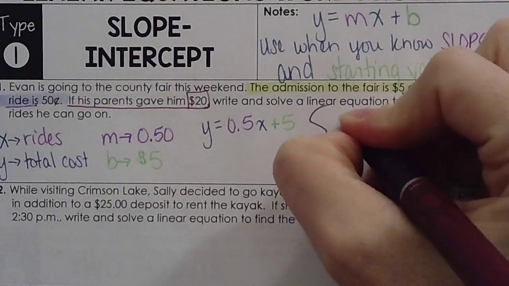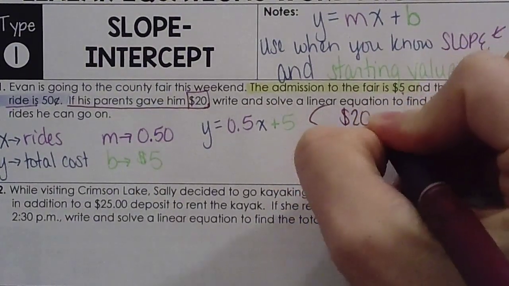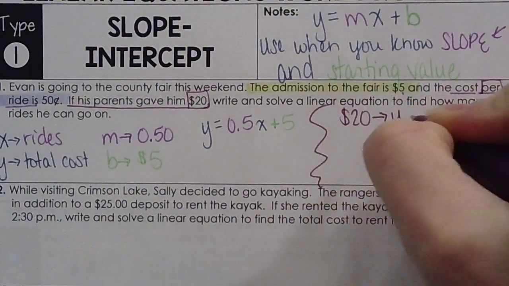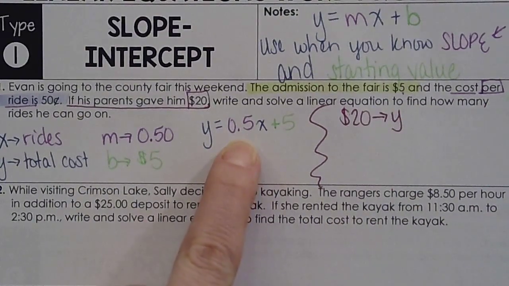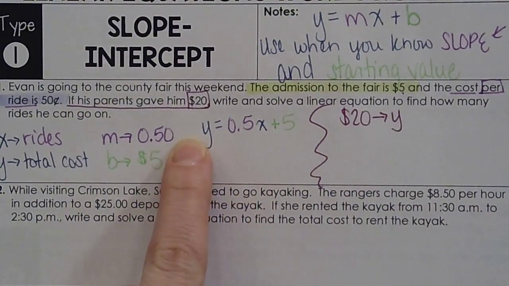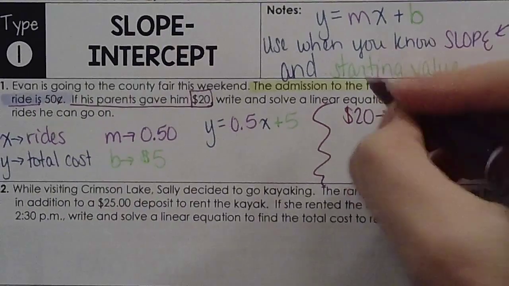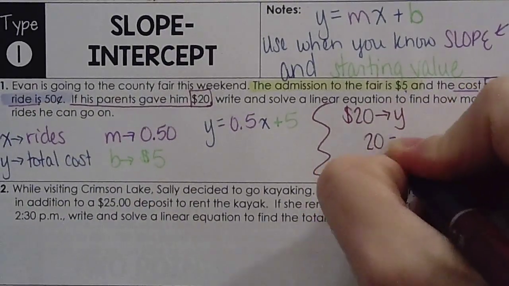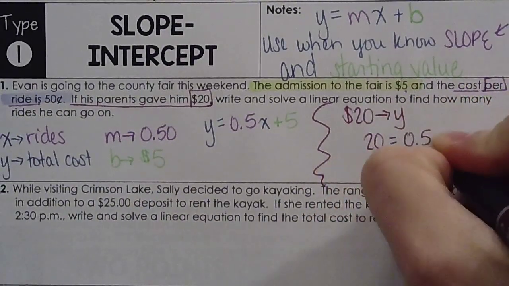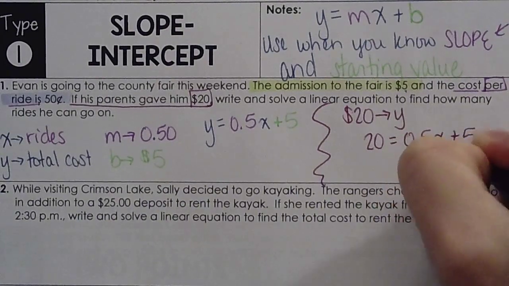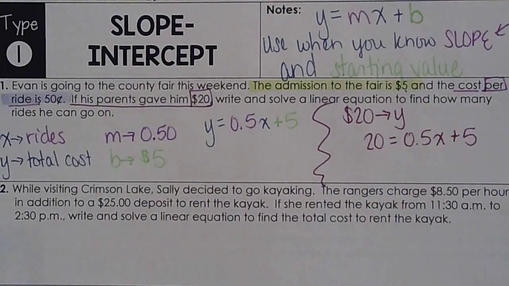So that $20 represents a Y, exactly. So now I take my initial equation, but this time instead of Y, I put a 20 in there. 20 equals 0.5x plus 5. And my question is how many rides? Rides is x, so now I'm solving for x.